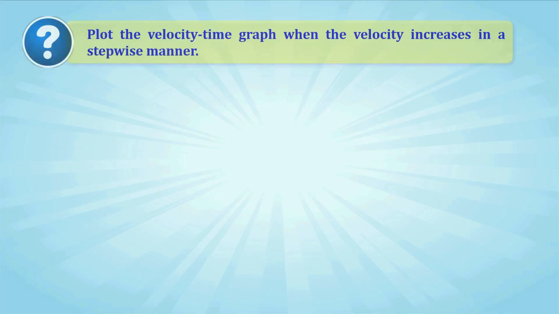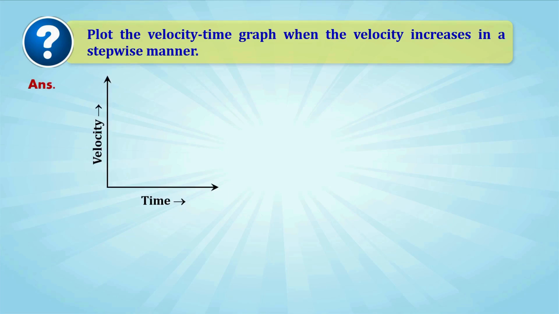Now let us understand another case. The question asks, plot the velocity-time graph when the velocity increases in a stepwise manner. In stepwise motion, the velocity remains constant for a short interval of time and then suddenly increases to a higher value. After that, it again remains constant for some time before increasing once more.